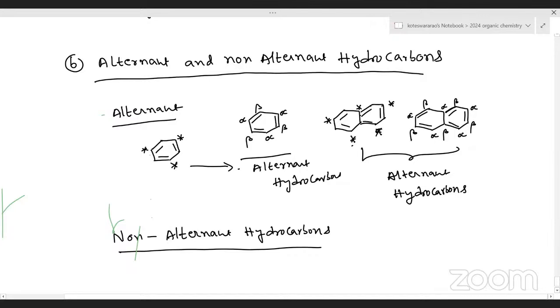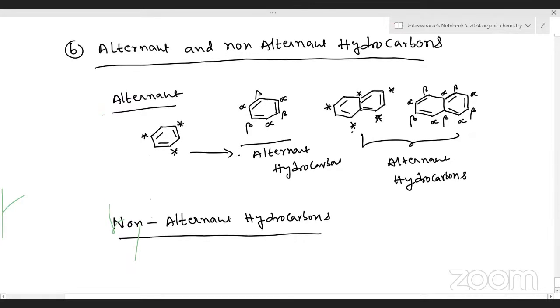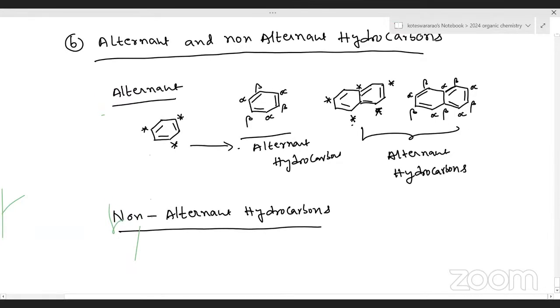If any two adjacent pi centers have the same spin symbol, that is called non-alternate. If no two adjacent centers have the same spin symbols, it is known as alternate. Here we are discussing non-alternate hydrocarbons. The example is pentalene.